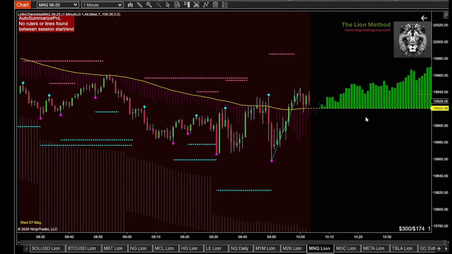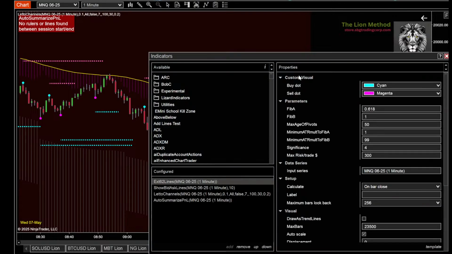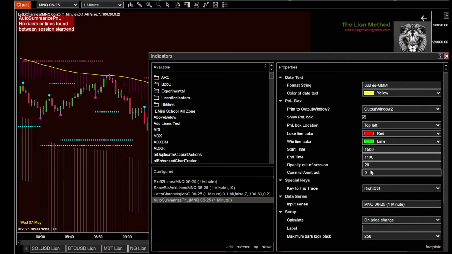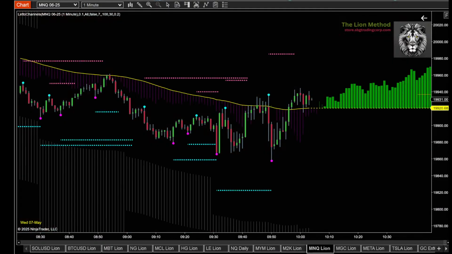All right, why is this? Hold on a second. Let me check the setting on this. The red background is being drawn by an indicator called Auto Summarize P&L. What the heck is that? I don't want that. 8 to 11, that's what I want. I don't know why that was set so weird.